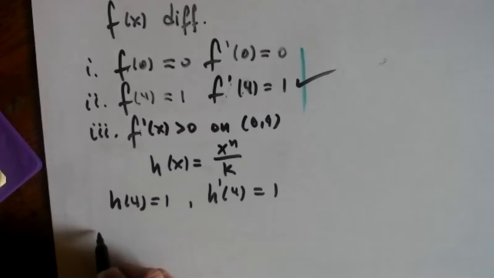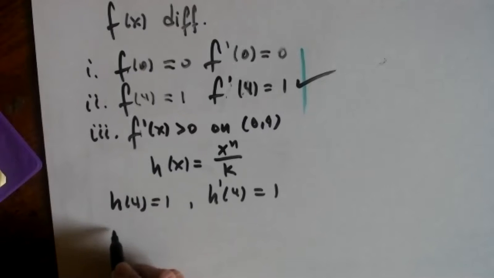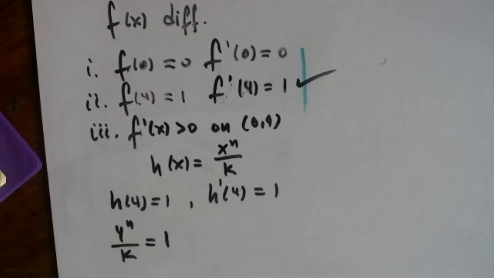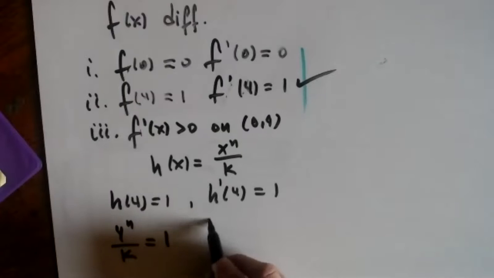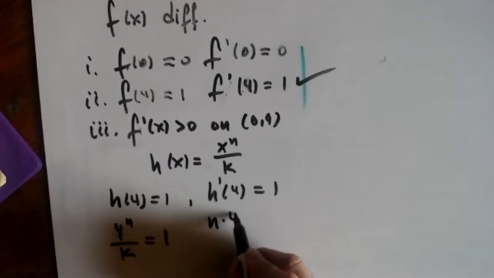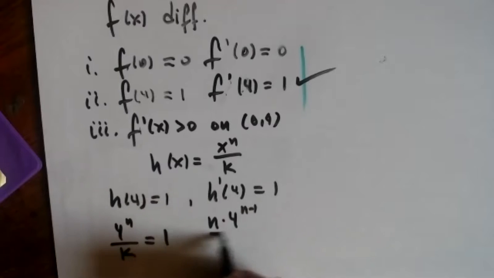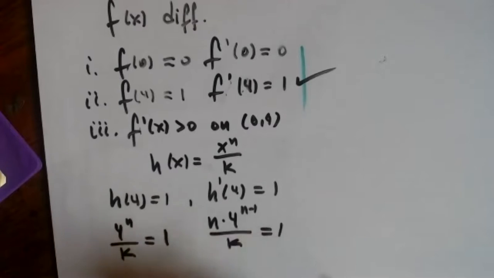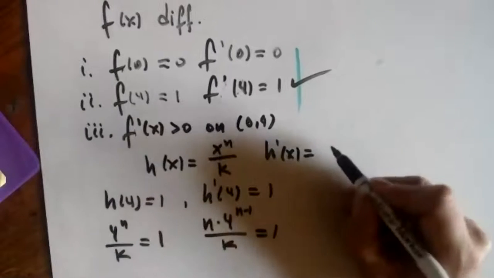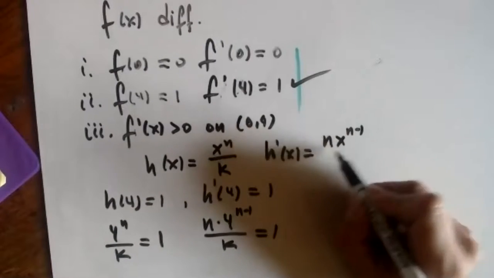The first condition is 4 to the n over k is 1, and the derivative is n times 4 to the n minus 1 over k is 1. So h prime, remember, I did the derivative mentally, but it's n x to the n minus 1 over k.